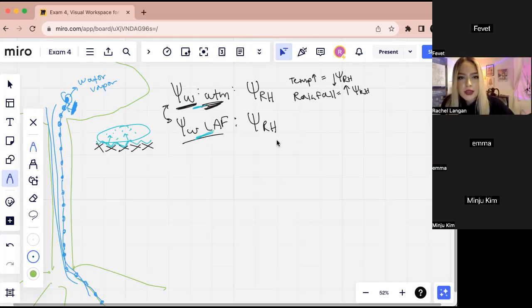The other thing that's going to be helpful for you to know is the relationship of the leaf airspace relative humidity and guard cell opening and closing. Guard cell open versus closed.